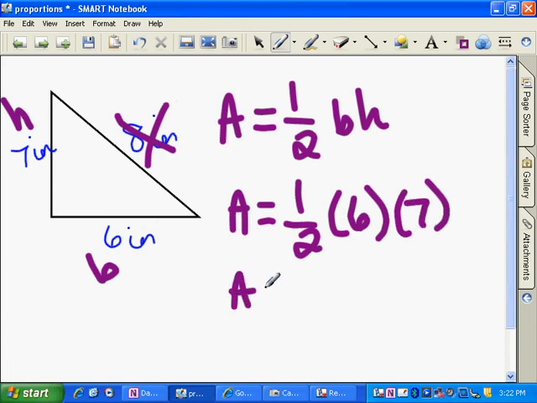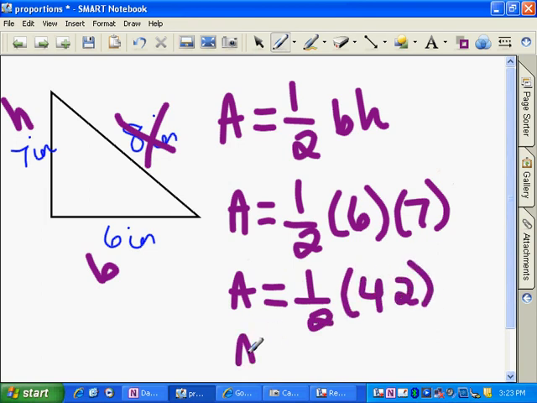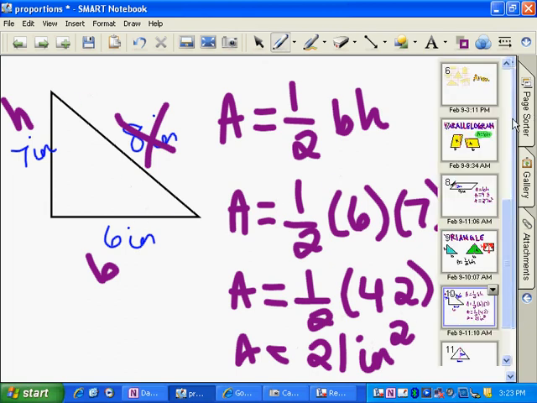Well, I'm going to go ahead and multiply. 6 times 7 is 42. So 1/2 of 42 means to just divide by 2. So half of 42 is 21, and because it's inches times inches, it's going to be square inches. So the area of this triangle right here is 21 square inches.